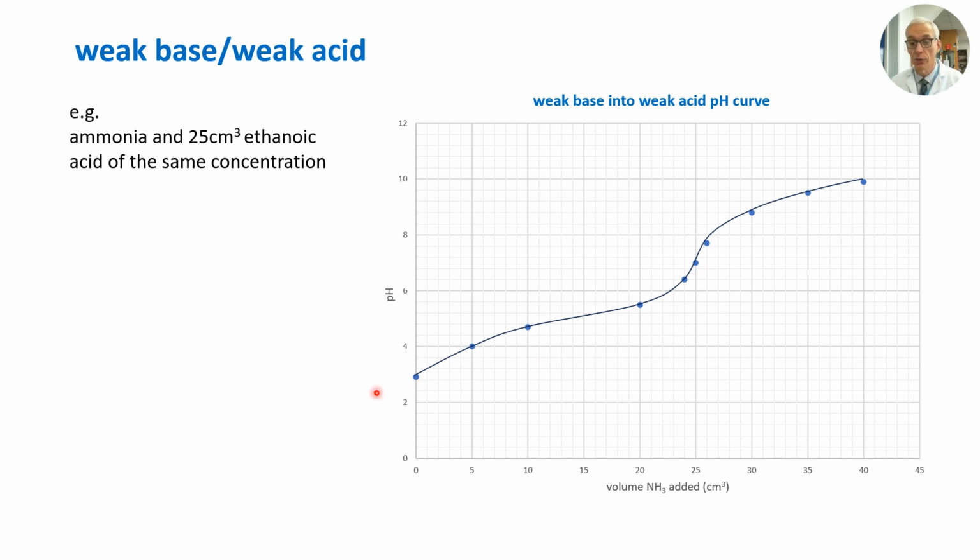However, we know it's a weak acid initially because the pH is initially around 3, and we know it's a weak base because once we have excess base at the end of the titration process, we've got a pH of around 9 or 10. But what is particularly distinctive of weak base and weak acid titrations is that there is no vertical section of the curve.